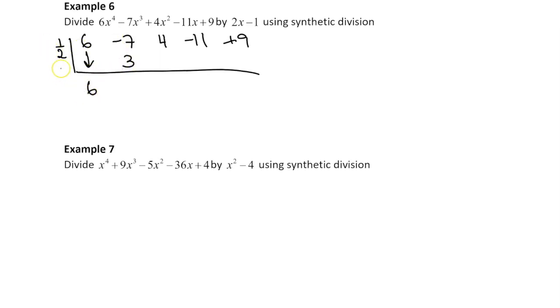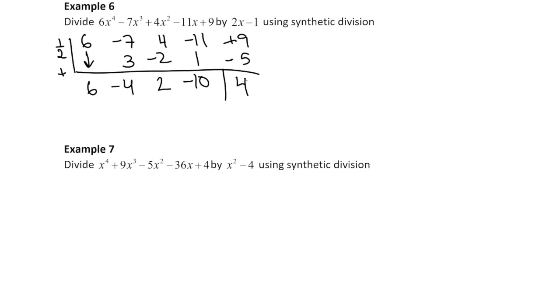We add that and we get -4, -2. We add that and we get 2. Here we get 1. We add that together, -10. And then half times -10 is -5. We add that together and we're left with 4. So it's a pretty straight process.